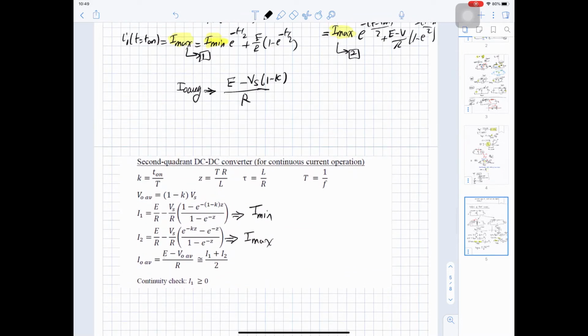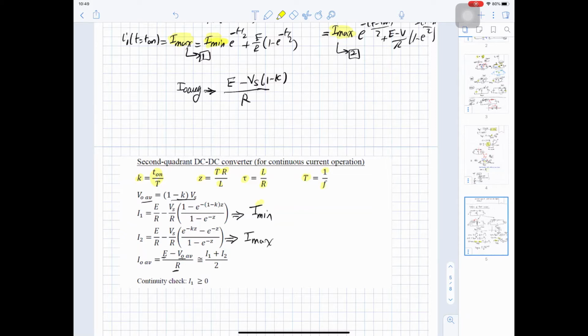So it's E minus V average over R, and V average is (1 - K) multiplied by Vs as we did the proof before. Don't forget the definitions: K is the duty cycle T on over T, Z is T over tau or TR over L, tau is L over R, and T is 1 over frequency.